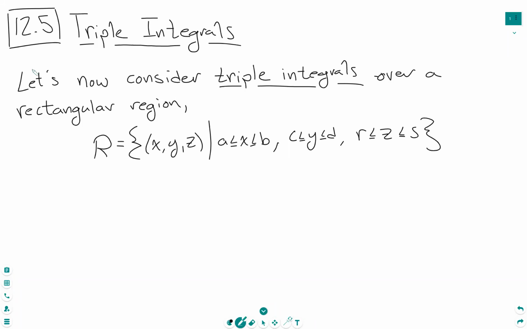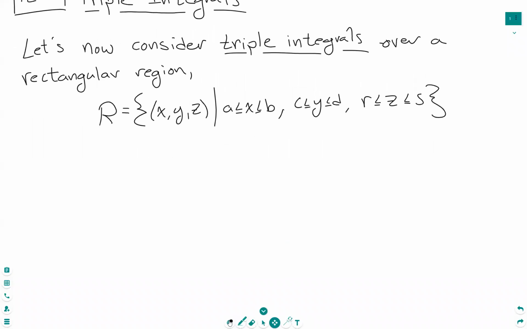So just like how we did rectangles, we're looking at these boxes now. So we're going to subdivide into these boxes. We can create sub boxes. Maybe we call these B of i, j, k.